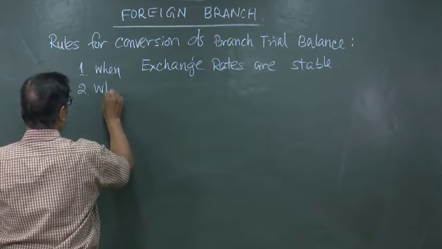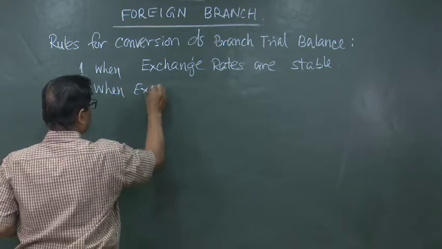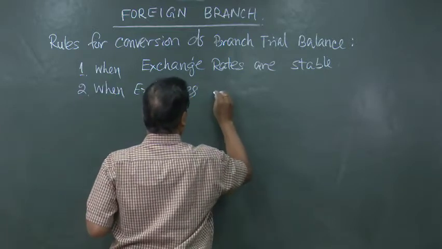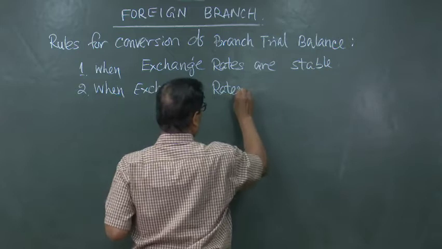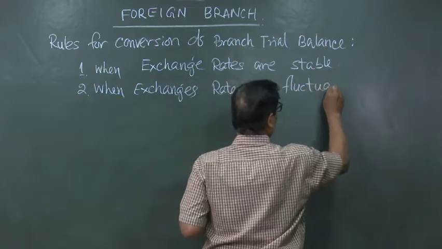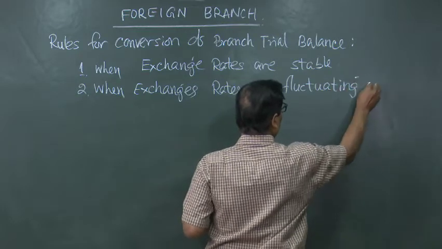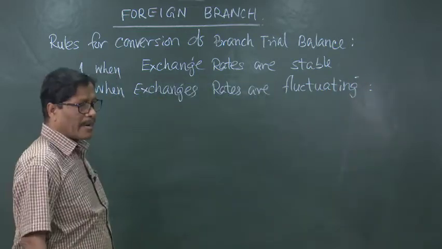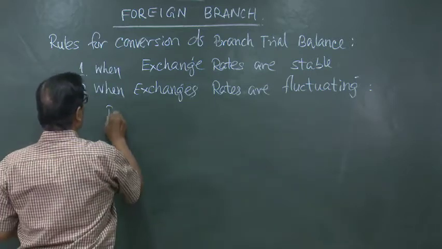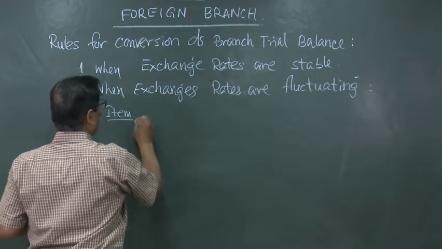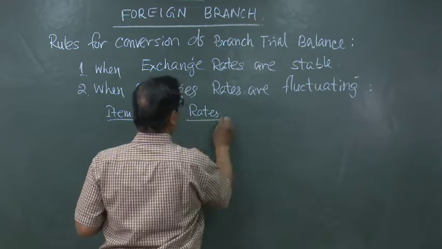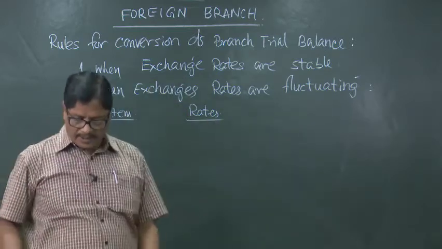Number 2, when exchange rates are fluctuating, for different items we will be having different rates. So, this is item and this is rates of exchange. So, first item is opening stock.